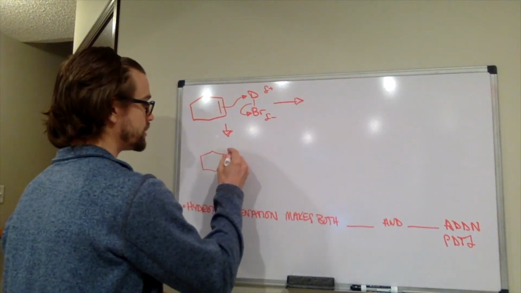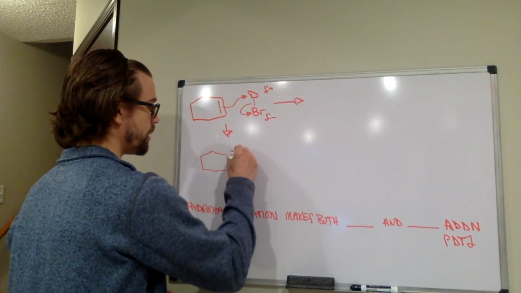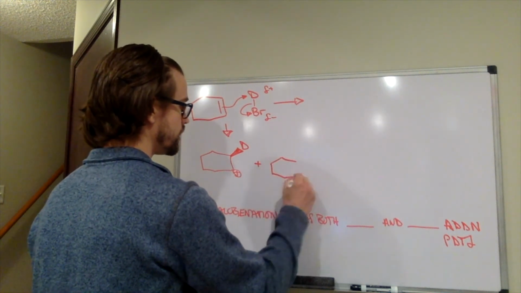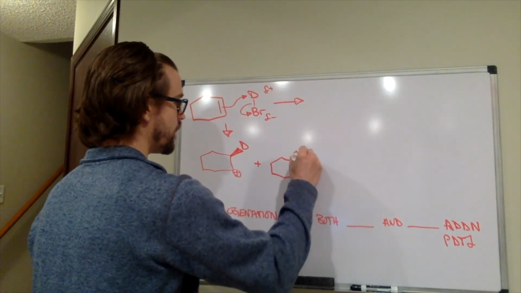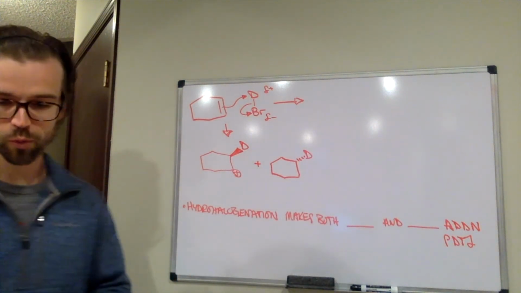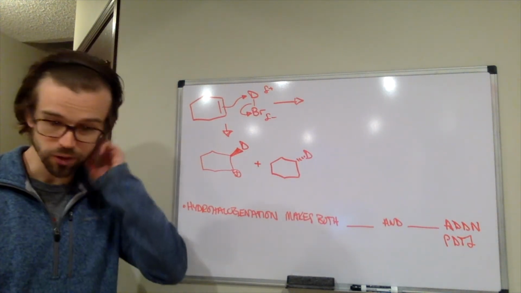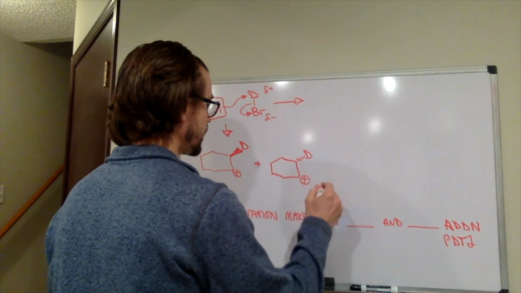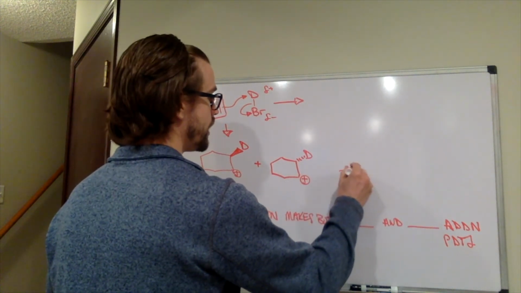So it's going to make a mixture of both the deuterium here and the deuterium going onto the back face. So both the wedge and the dash. So at this point, we have our carbocation, and we have Br minus around.